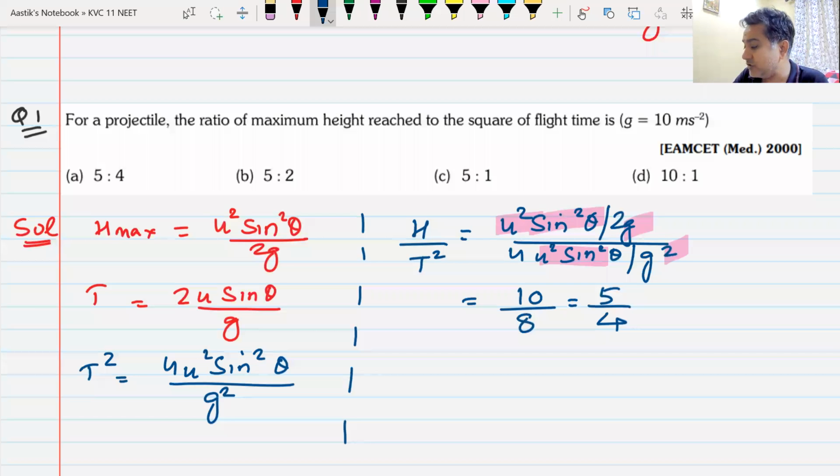I'll give you 1 minute to note this down. Let us then move on to the next point, and the next point will be horizontal range. I'll give you a minute to note this question down. Once you are done, please tell me that you are done.